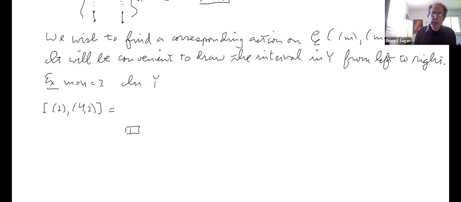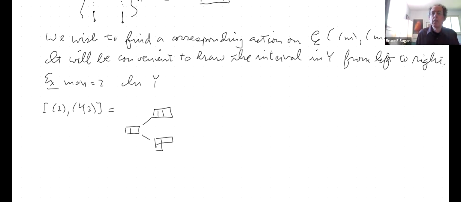Notice we have at most 2 possibilities at each stage. Since the partition 4-2 only has 2 rows, we can either add a box in the first row or in the second row. Maybe one of them won't be available if the row is already filled. If I add a box to the first row, that gives me this. If I add a box to the second row, it gives me this.